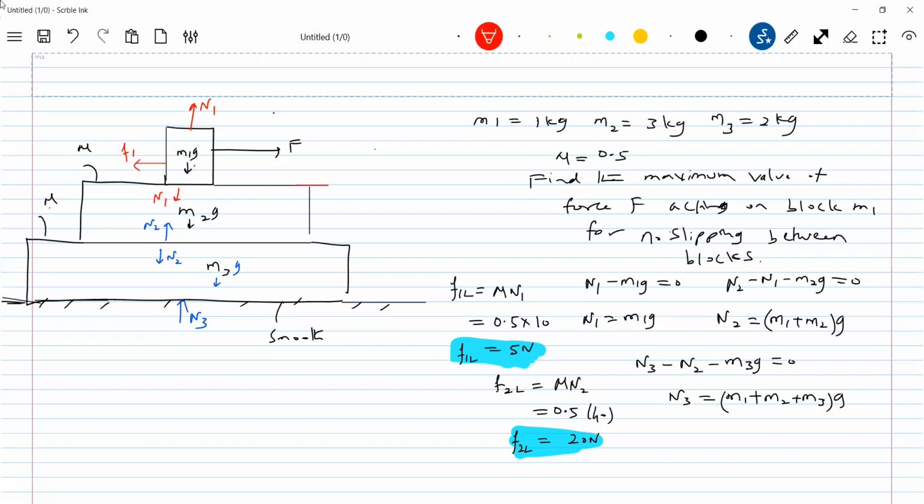Similarly, the friction acts in the plane like this. This friction force acting on the block M2 will try to shift the block M2 towards the right, whereas M3 will oppose it. So the direction of the friction by M3 on M2 should be in this direction. Then F2 should be like this. Okay, got the idea now how to get the direction of friction?